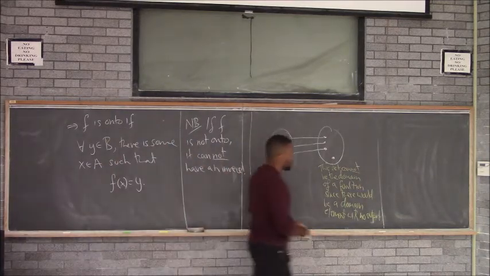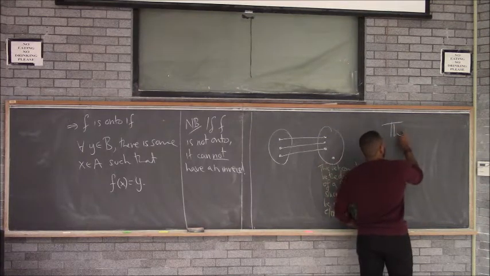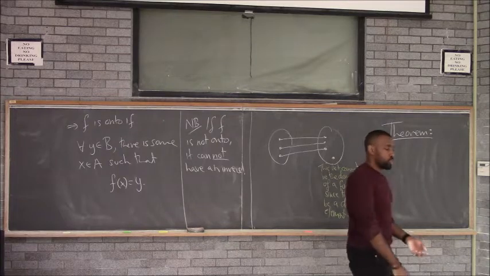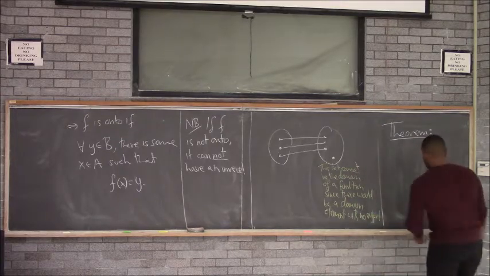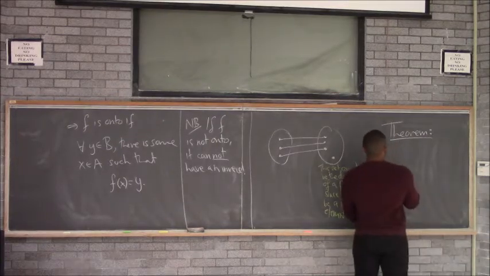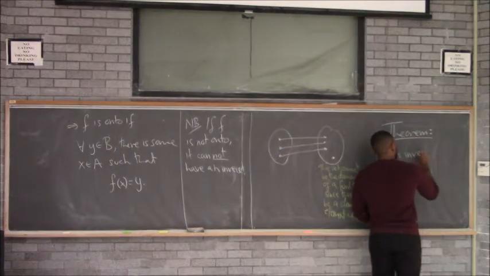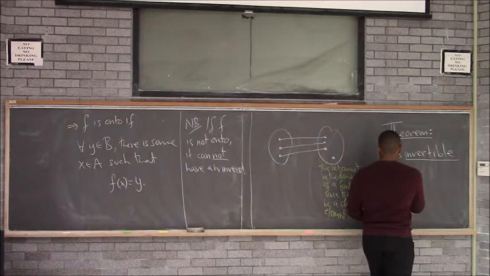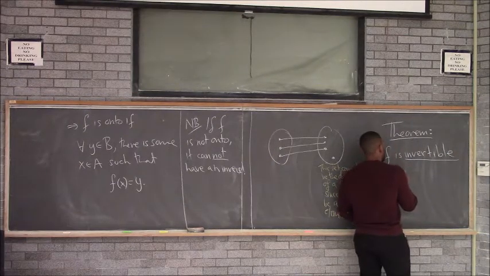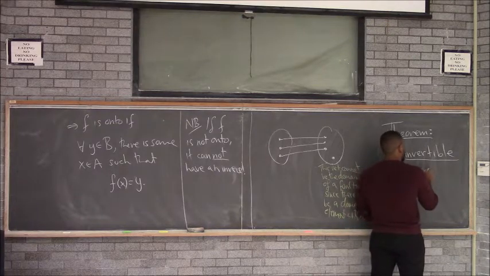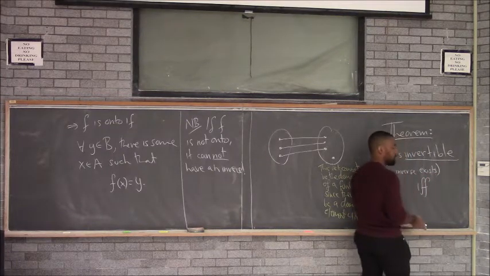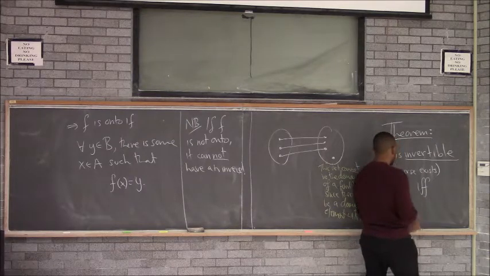And here's another theorem that I will not prove for you. But it turns out that these two things are the only things we have to worry about when it comes to invertible functions or finding an inverse. F is invertible, meaning its inverse exists, if and only if, that's not a typo, I'm actually typing it with two f's.